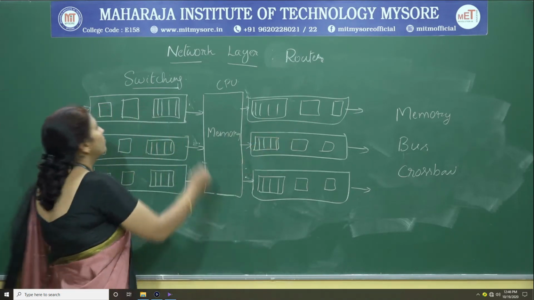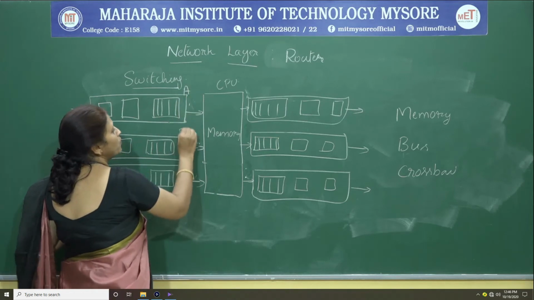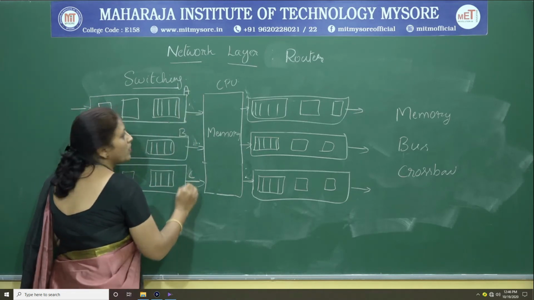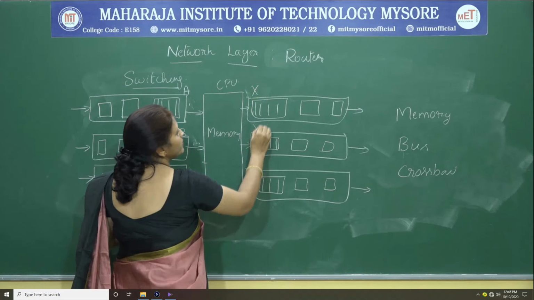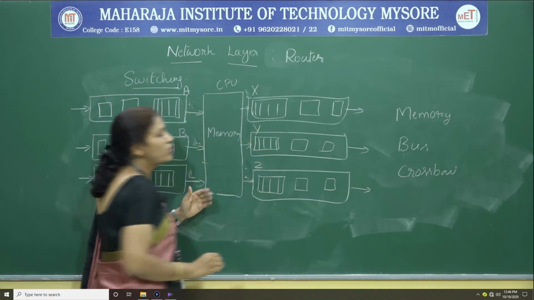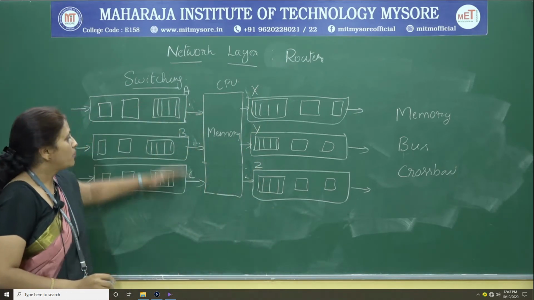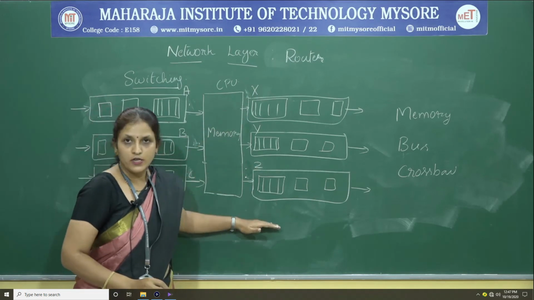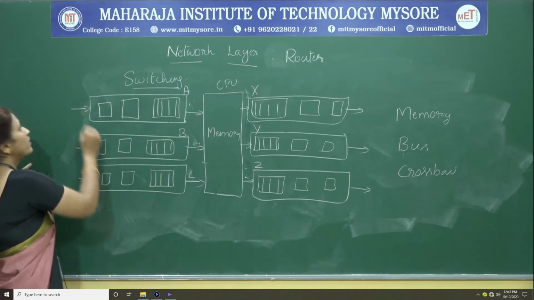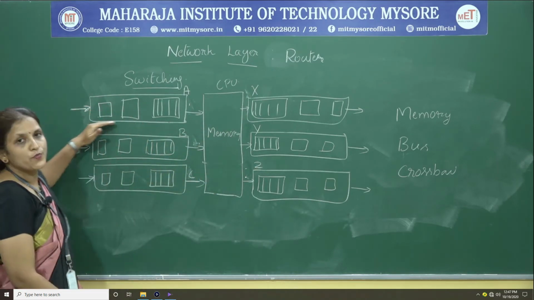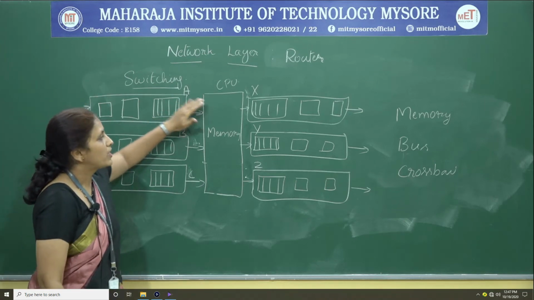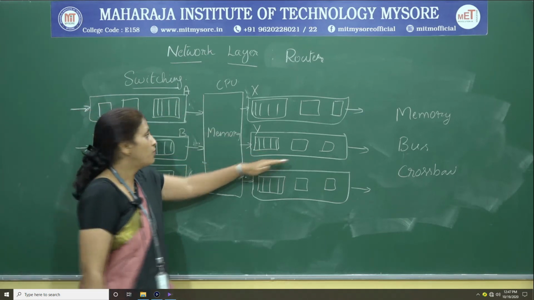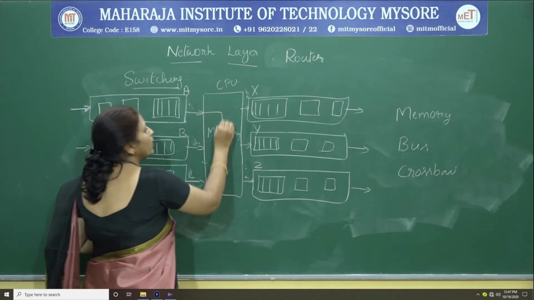Suppose we have 3 input ports, A, B, C, and X, Y, Z as 3 output ports. I have a packet arriving at input port A and I want it transferred to output port Y. How can I do it?